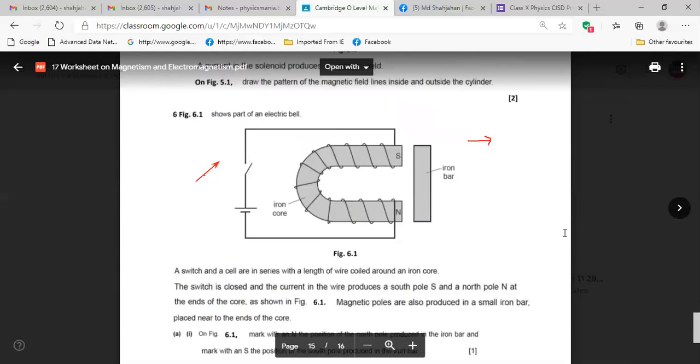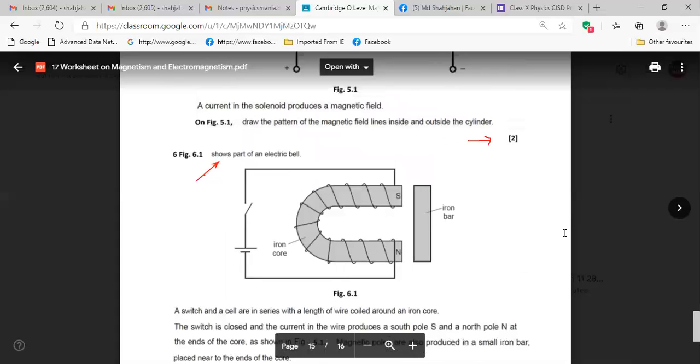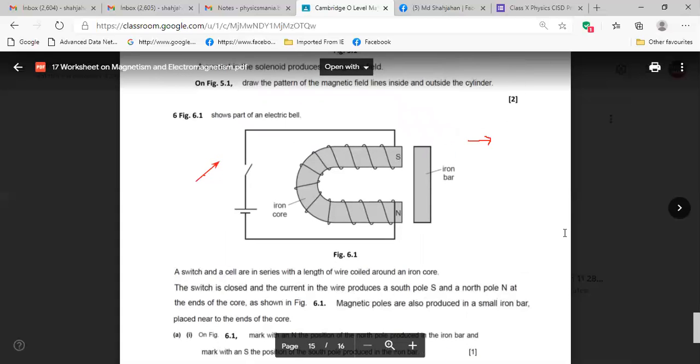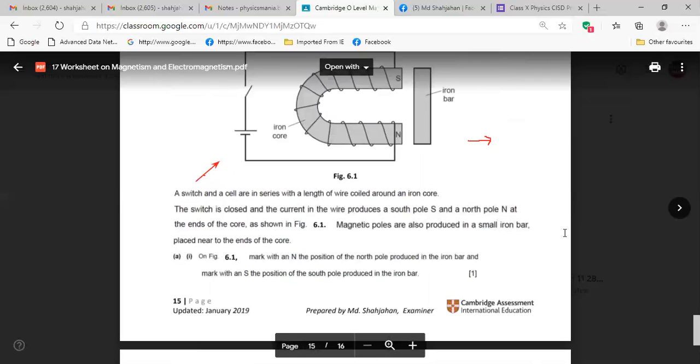Then question 6. Figure 6.1 shows a part of an electric bell. A switch and a cell are in series with a length of wire coiled around an iron core. The switch is closed and a current in the wire produces a south pole and north pole at the ends of the core, as shown in figure 6.1. Magnetic poles are also produced in a small iron bar placed near the ends of the core.